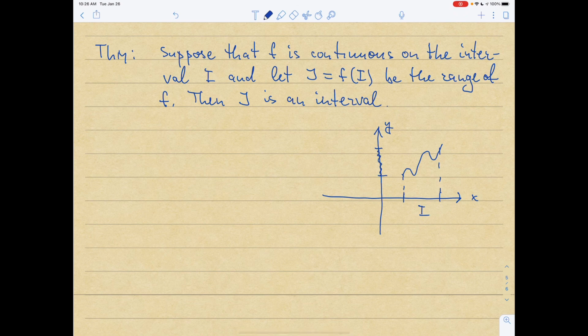So in a sense, if this is I, then the range is J, and J must be an interval. It cannot have any breaks.